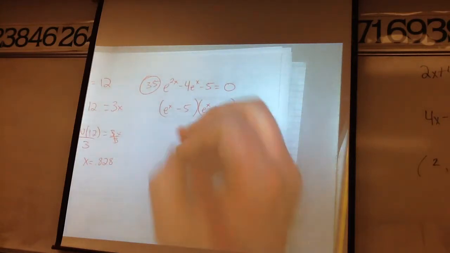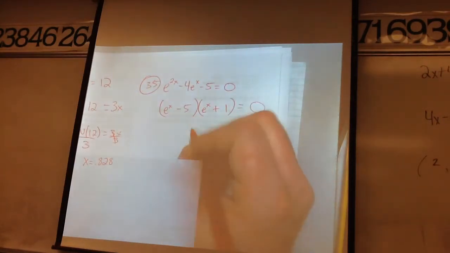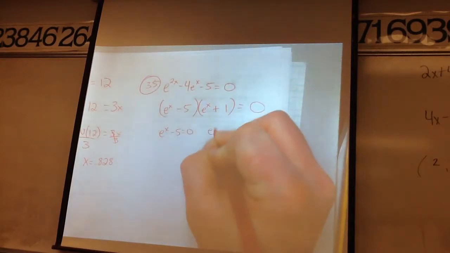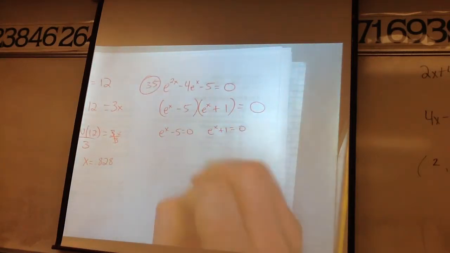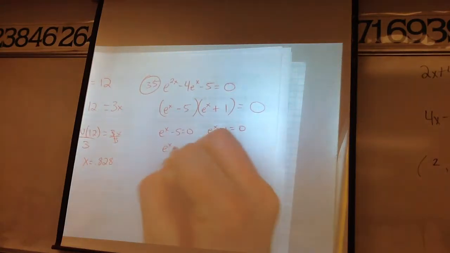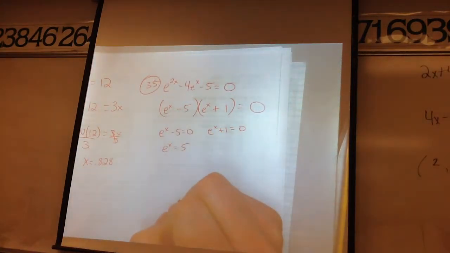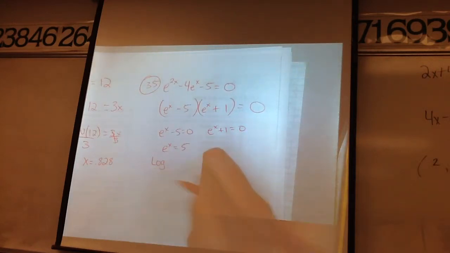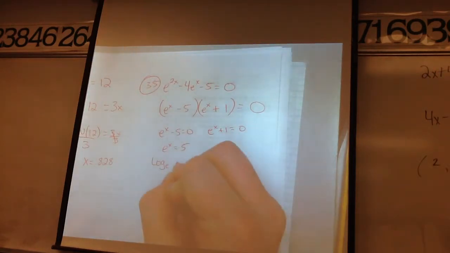How do you solve an equation set equal to 0? Set each factor equal to 0. So e to the x minus 5 equals 0, and e to the x plus 1 equals 0. Add 5, e to the x equals 5. Then make it ln. I think it's ln of 5, because e to the x power is 5.